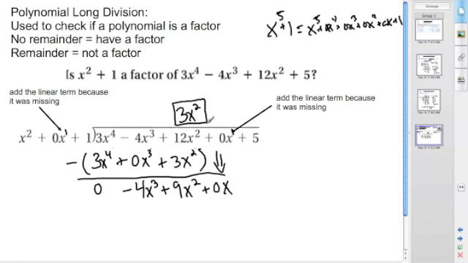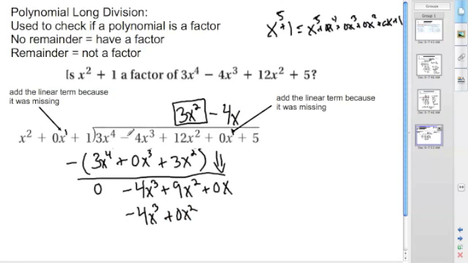So now, what times x squared gives us negative 4x to the 3rd? So this would be minus 4x. So minus 4x times x squared gives us negative 4x to the 3rd. Negative 4x times 0 is 0x squared.